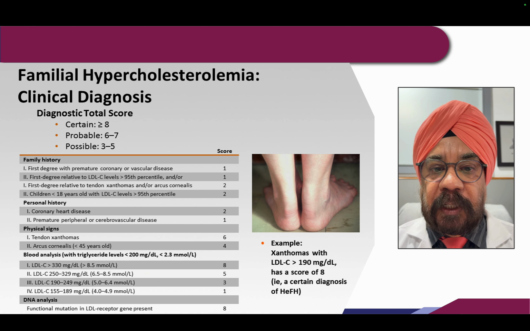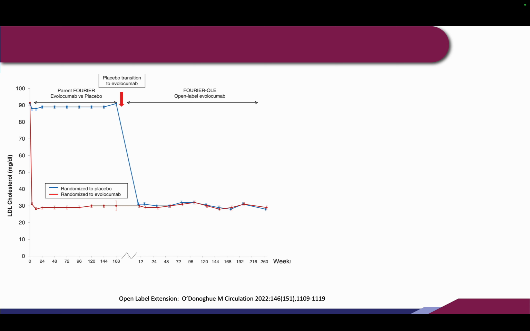And there is a study to prove that. In that study, PCSK9 inhibitors were given, and there was a placebo group and an active group. At the end of the trial, the placebo group was also given PCSK9 inhibitors to reduce cholesterol, and their cholesterol reduced similar to the reduction in those who continued PCSK9.